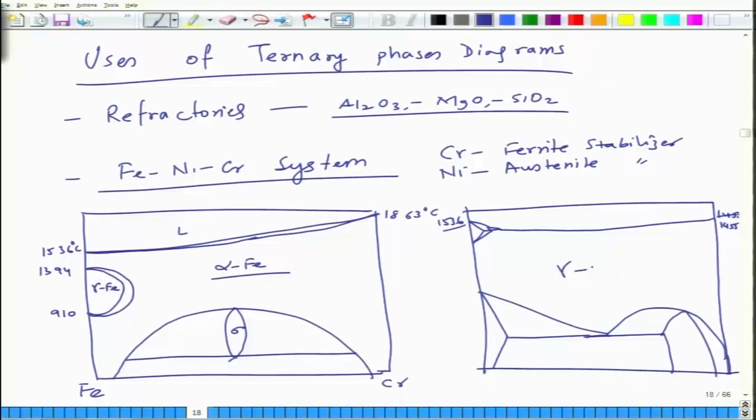What is in between is actually gamma Fe,Ni, and this is alpha Fe,Cr. So the austenite phase field is broadened and the ferrite phase field is lowered. This is your alpha Fe, and the eutectoid temperature, which is quite high at 727, gets lowered. So nickel stabilizes the austenite phase field, chromium stabilizes the ferrite phase field.